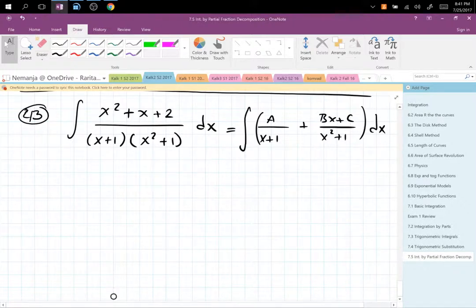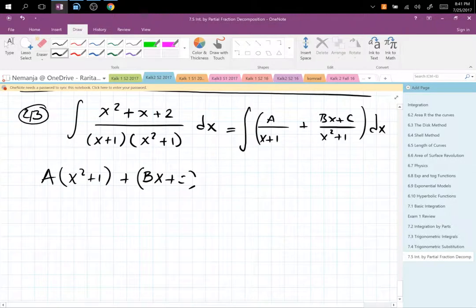There we go. A times x squared plus 1 plus Bx plus C times x plus 1, which needs to be x squared plus x plus 2.